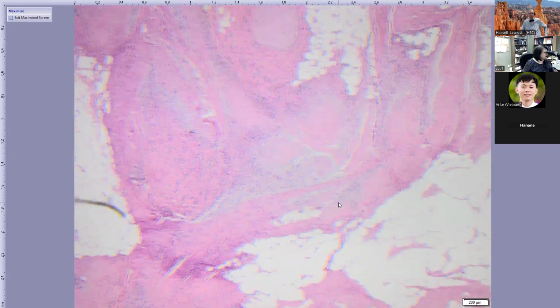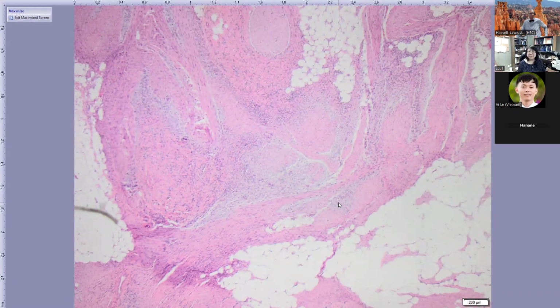Continue moving, and this is really what we call an organoid arrangement. Like in their own compartment, mature fat, some pink fibrous tissue that intermingles with these clusters of small primitive cells. Background is a little bit edematous or myxoid change.